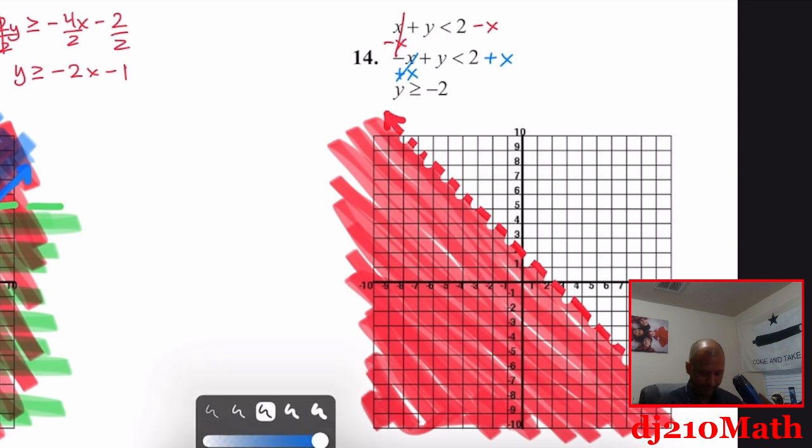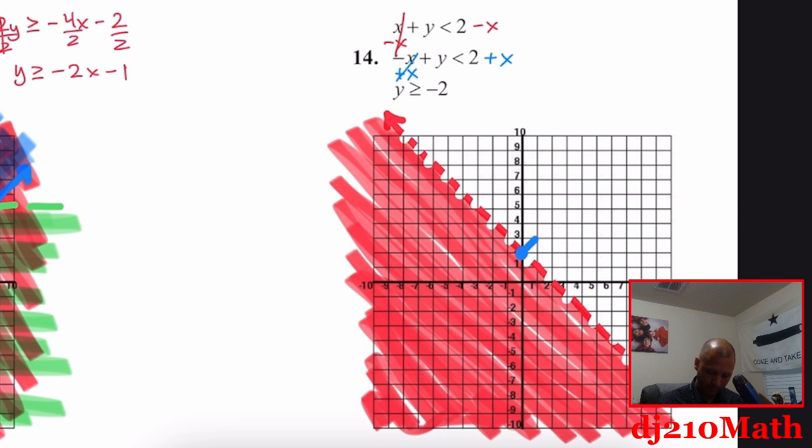The y-intercept is going to be positive 2. And the slope is up 1, right 1. So up 1, right 1. Doing it correctly. Make it make sense in the other direction. Okay. And we want to shade below.